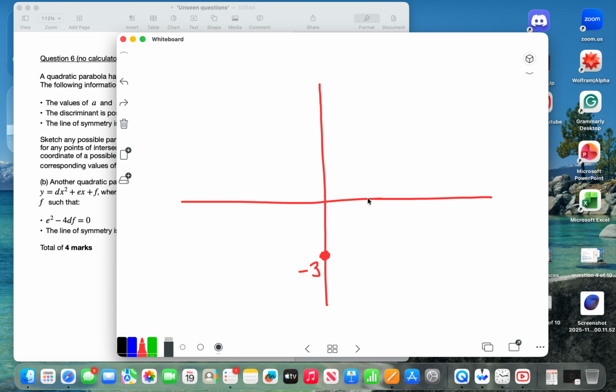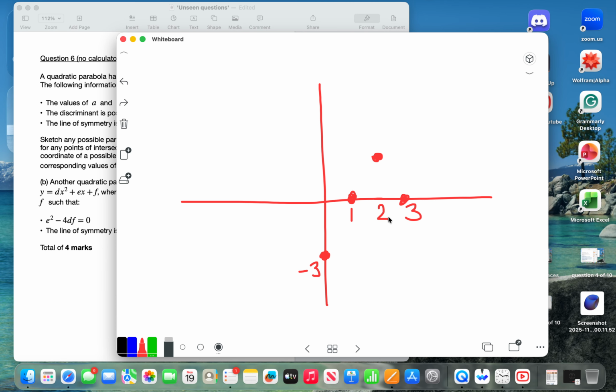So one way you could do this one is you could have, suppose, 1 and 3, and have the maximum turning point at x equals 2. And you do have to be careful on this one, because the two roots have to be equal distance away from the turning point.